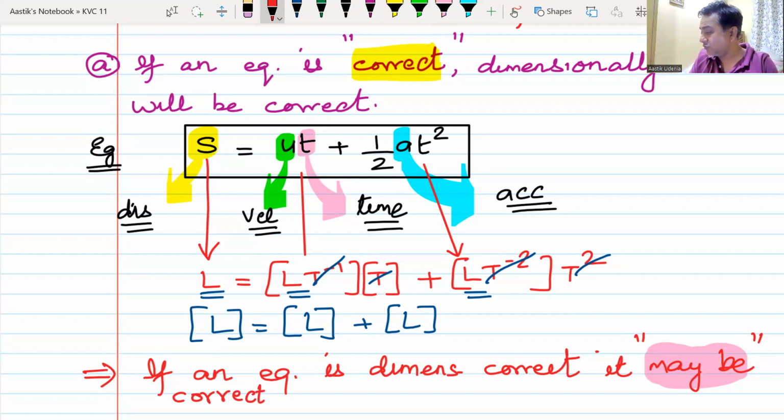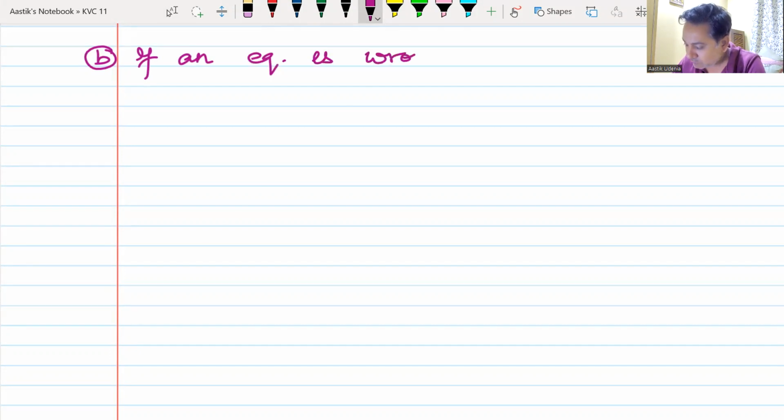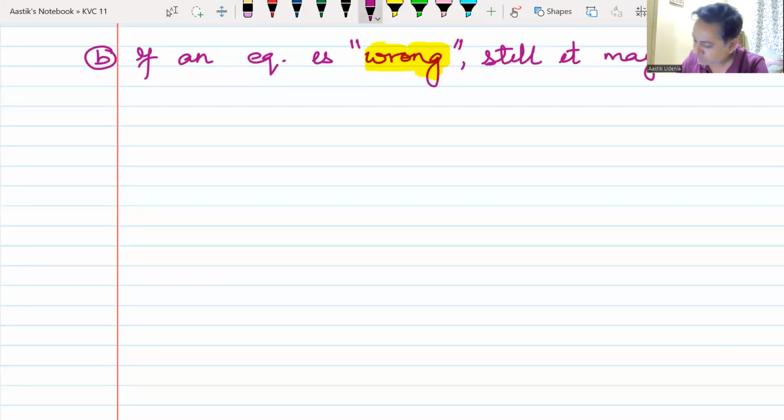That takes me to point number B. If an equation is wrong, still it may be dimensionally correct.